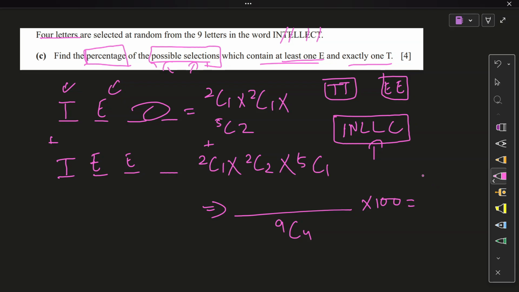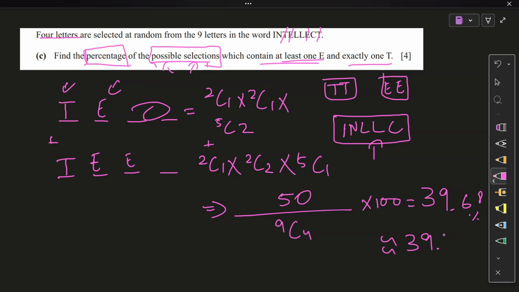Okay, so we get 50. 50 ways are in our favor, divided by 9C4, into 100. So the answer I'm getting is 39.68%.